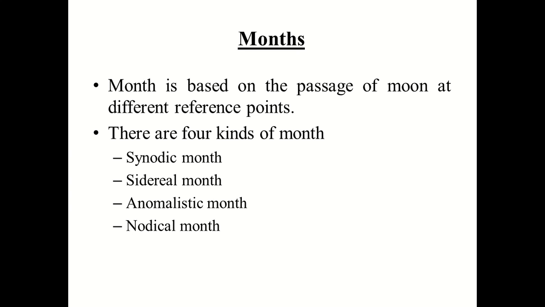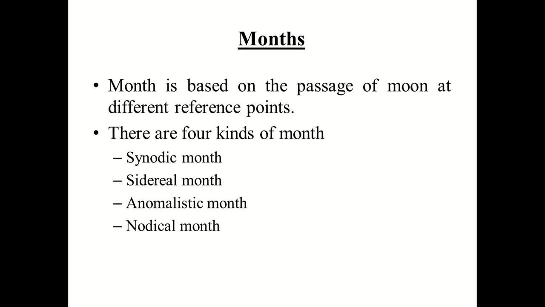Similarly, here also we can have the sidereal month and anomalistic month. The definitions are the same, which means the reference points are the same for these two terms. So first of all, let's discuss these four different types of month.